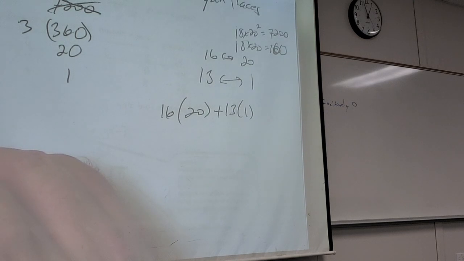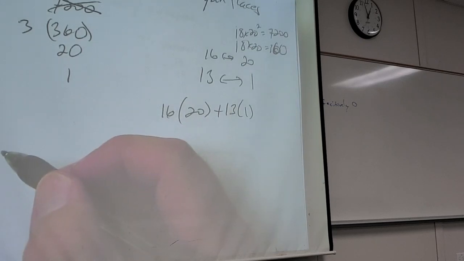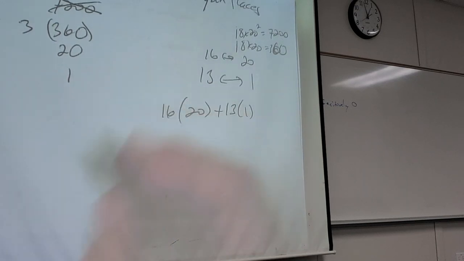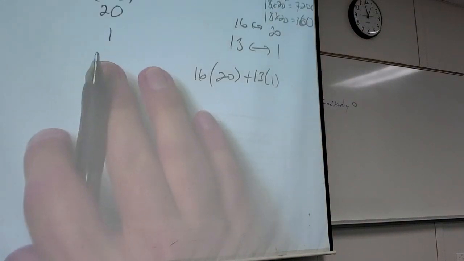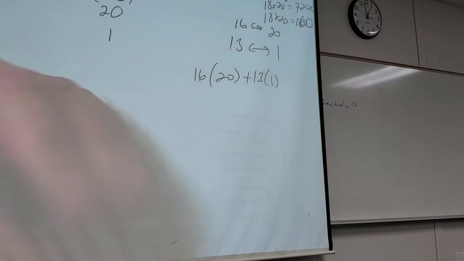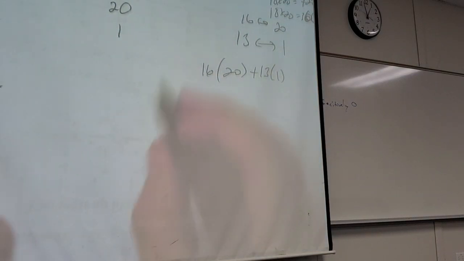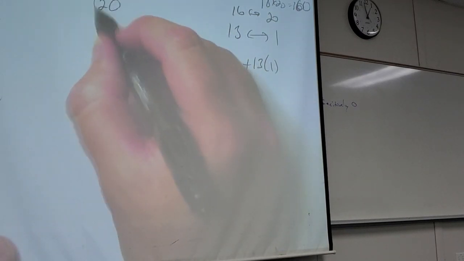And so that leaves 347. Is it 347? Yeah, 347. Okay. Is everybody okay out there? It's the same process. So I need 347 left. So what can the 20s do for me?